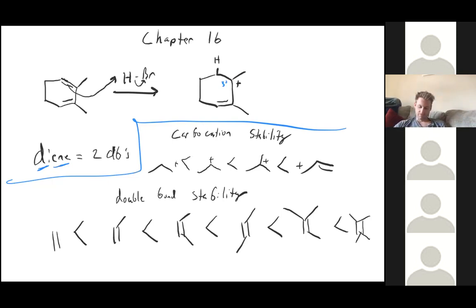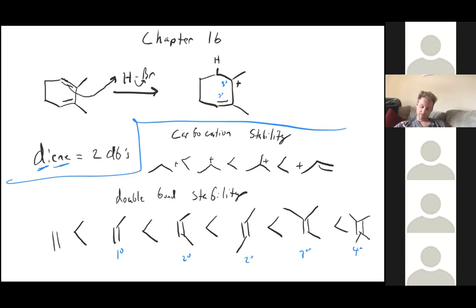I'm just going to label them by the number of substituents on them: 1 substituent, 2 substituents, 3, and then 4 here. So we have 1, 2, 3 things coming off of this double bond. The 4th would be a hydrogen, but we don't count hydrogens. So this is a tertiary double bond here.